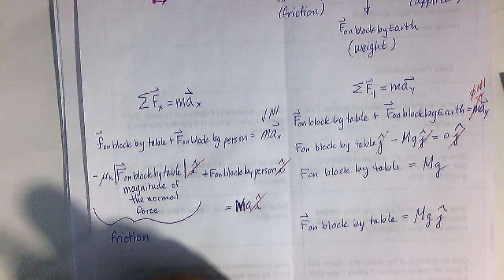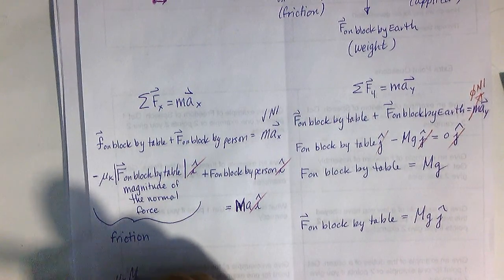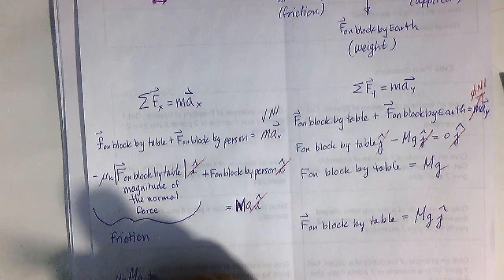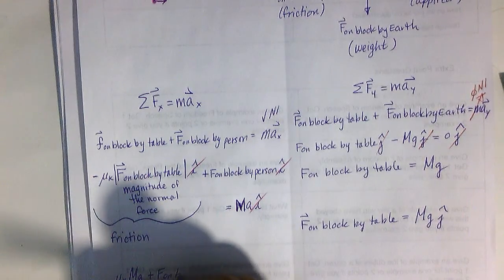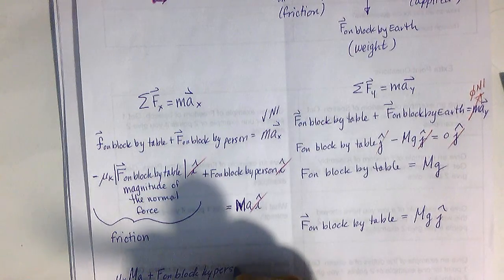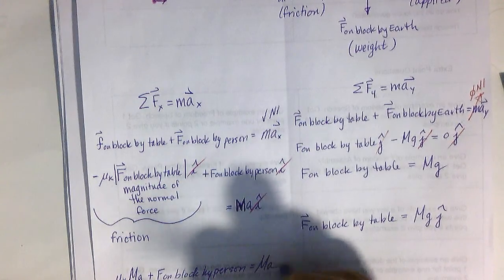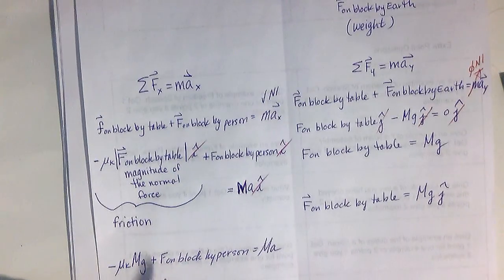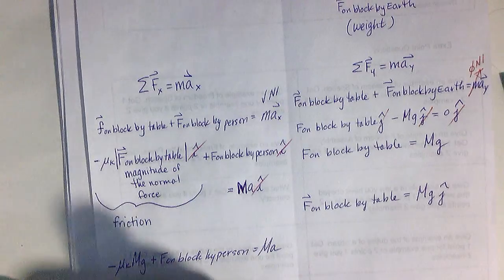So I have negative mu sub k mg plus force on block by person is equal to ma. Now I'm going to solve for force on block by person.